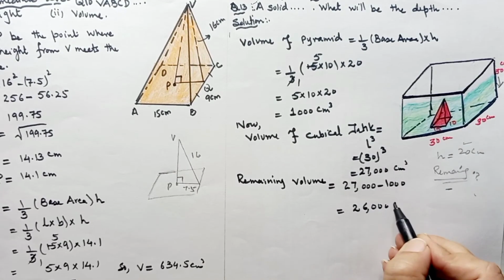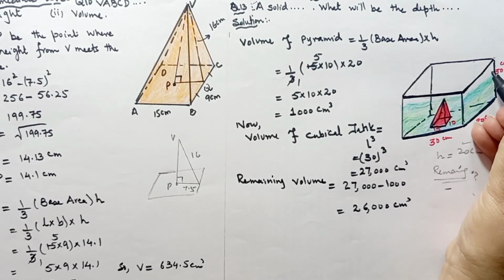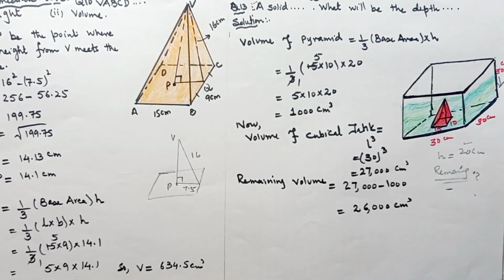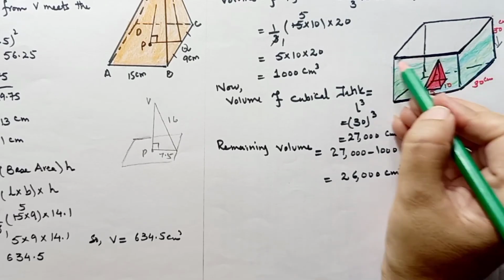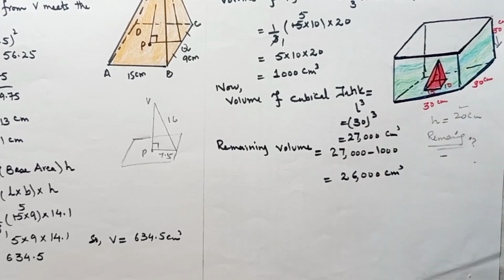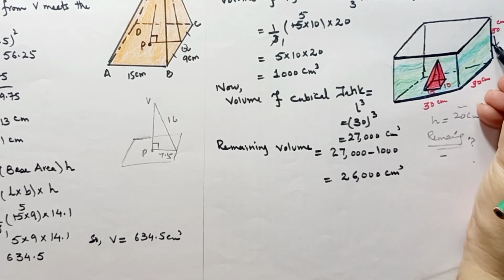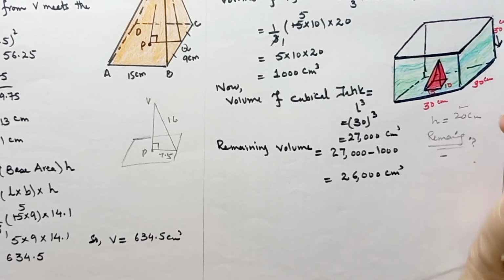Now when the pyramid has been removed, obviously if the water level was at the top in the beginning, where the tank was full when the pyramid was inside, when we remove the pyramid the water level will fall and come down. Now we have to find the new depth.